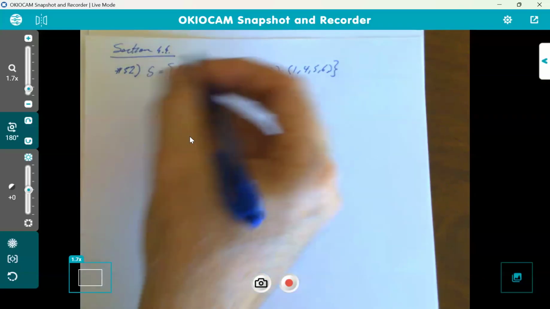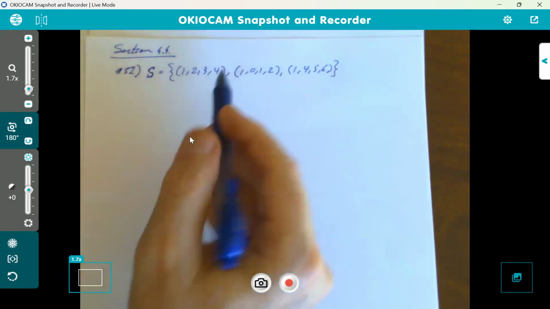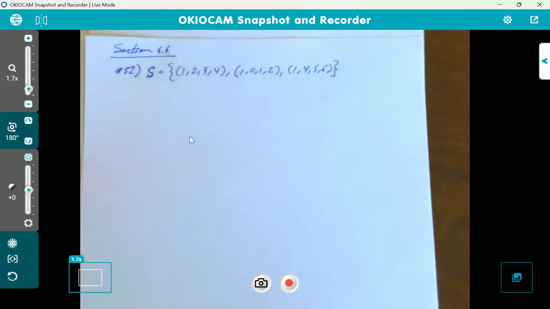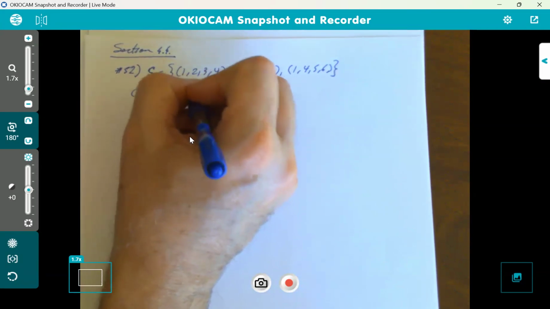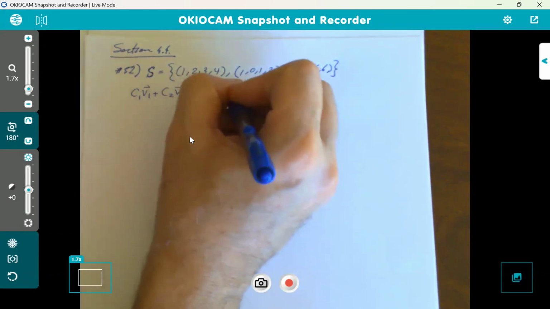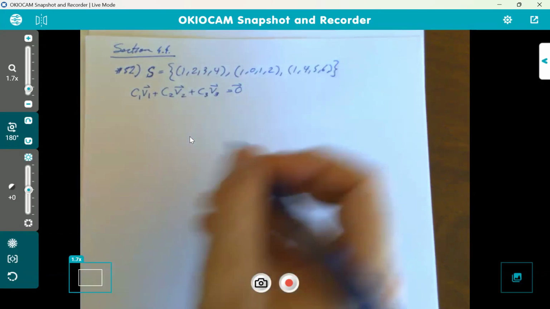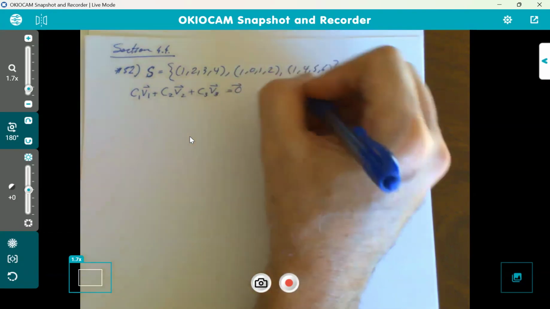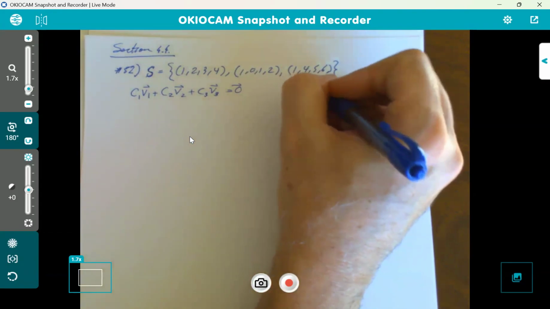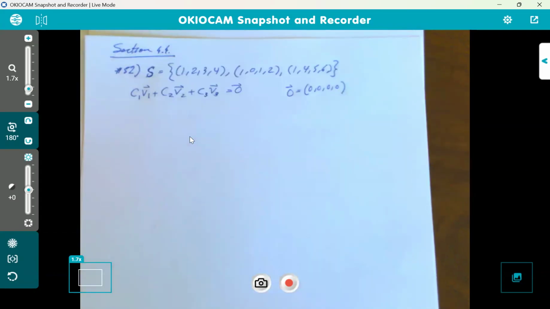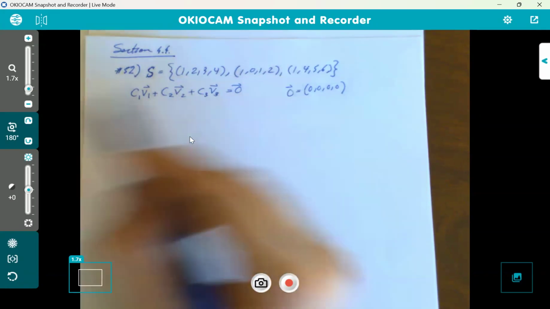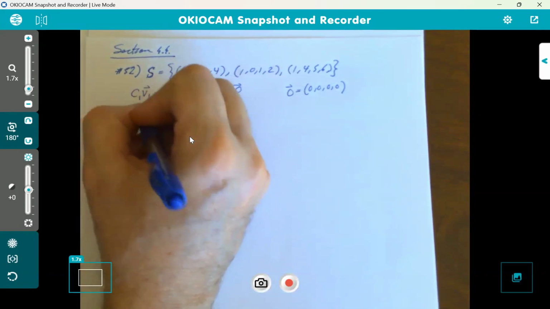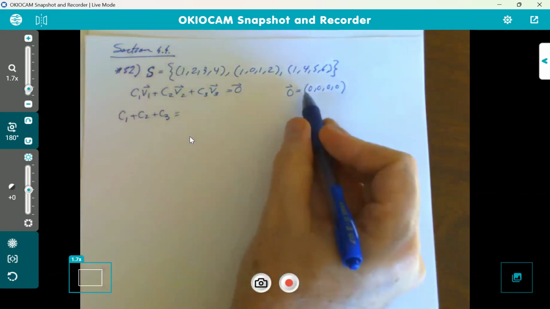So what do I need to do? Just like before, we need to write the vectors in S as a linear combination, C1 V1 plus C2 V2 plus C3 V3, equal to the zero vector. The zero vector in R4 looks like this: 0, 0, 0, 0. Now we add up all the first components: C1 plus C2 plus C3 equals the first 0.